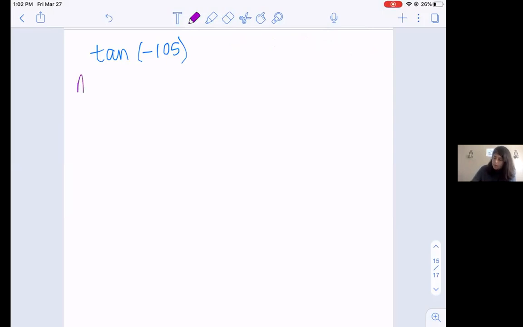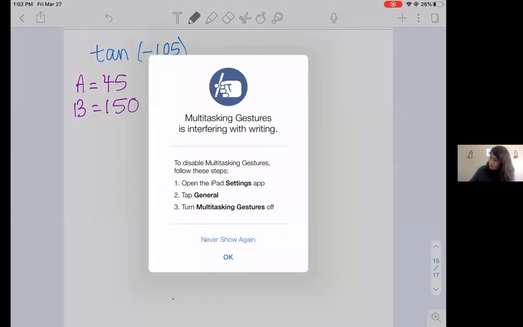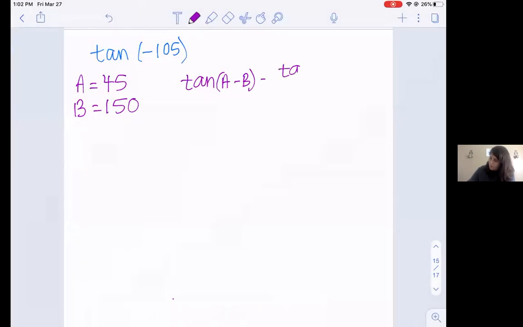Two things that subtract to be negative 105 are 45 minus 150. So I'm going to use my A minus B formula, which is tangent of A minus tangent B over 1 plus tangent A tangent B. The first thing I need to do is evaluate all these tangent values.